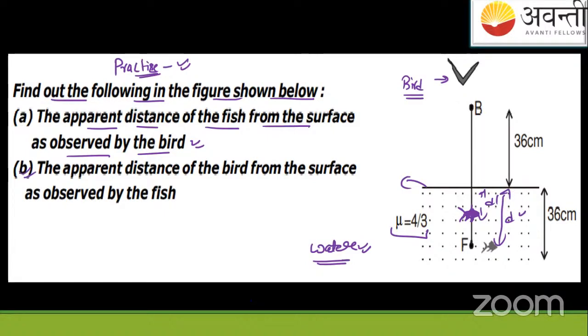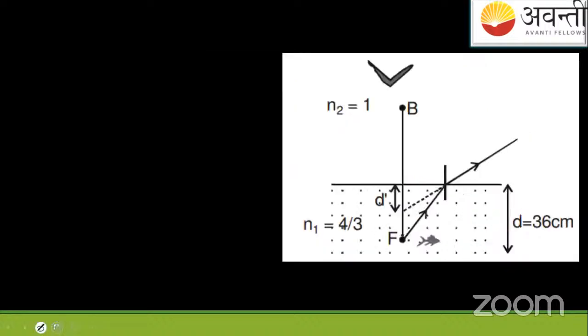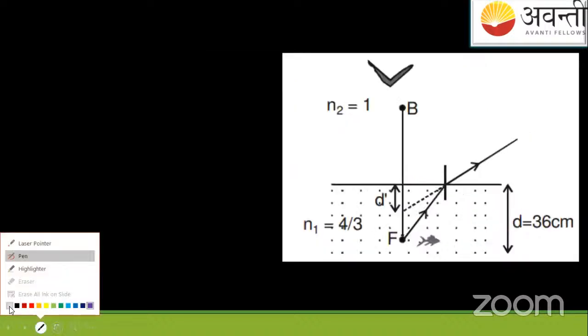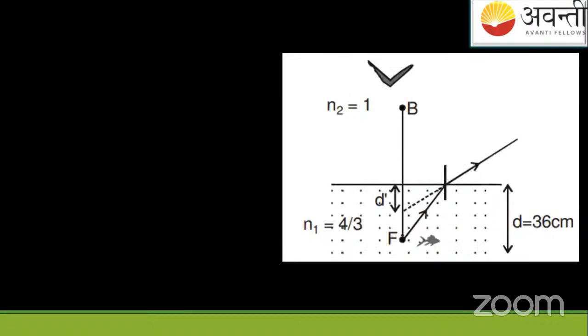Do you want me to solve, or you can solve it easily? Okay, I'm solving this first question for you fast. So see, apply the formula. This is a picture given in front of you. So we know d dash upon d is equal to N2 upon N1, where N1 is from where the ray is coming and N2 is where the ray is going. So N2 is towards the bird, N1 is from the fish.